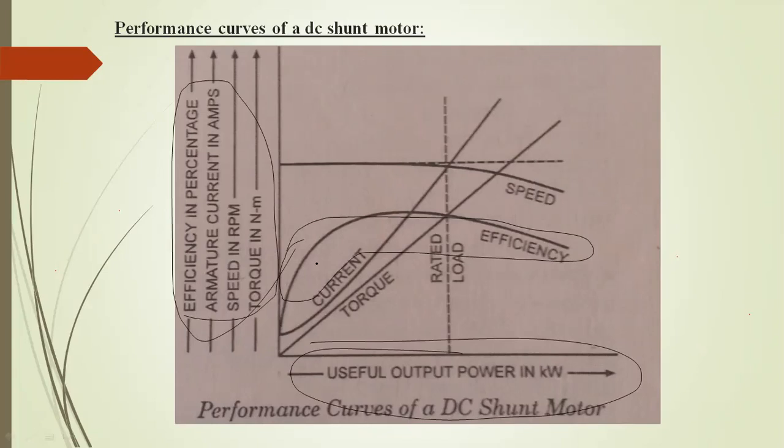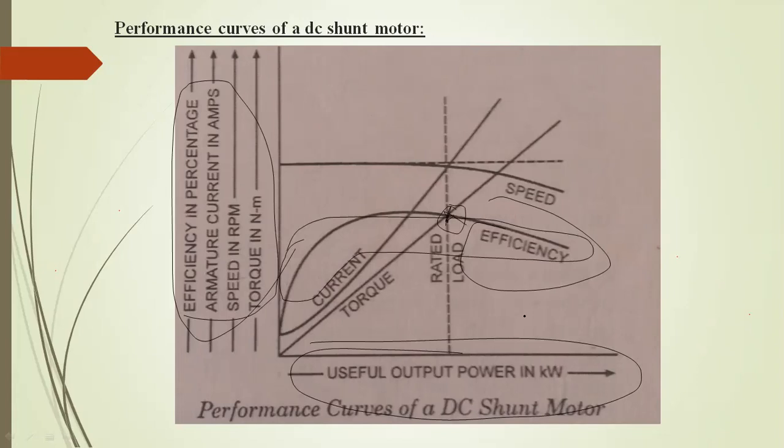So the new thing is the efficiency. For the DC shunt motor, see the character of the efficiency, how it varies. At the point of the rated load, it is going to decrease when the output power increases.